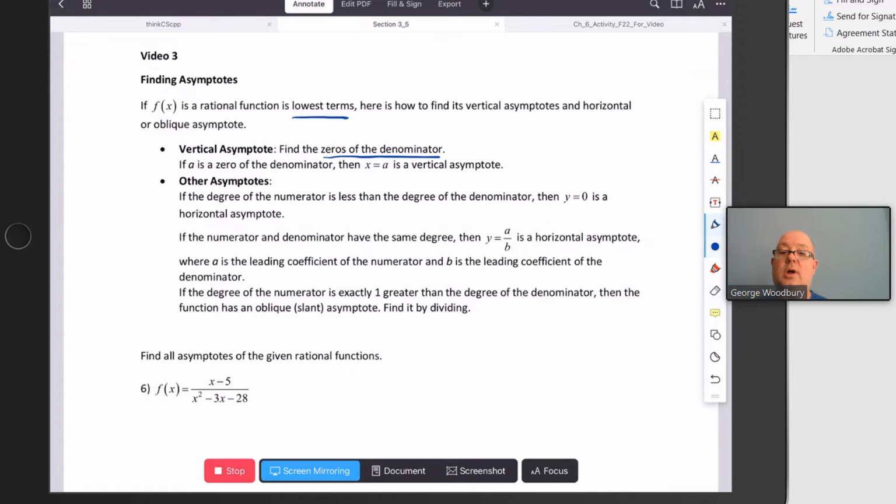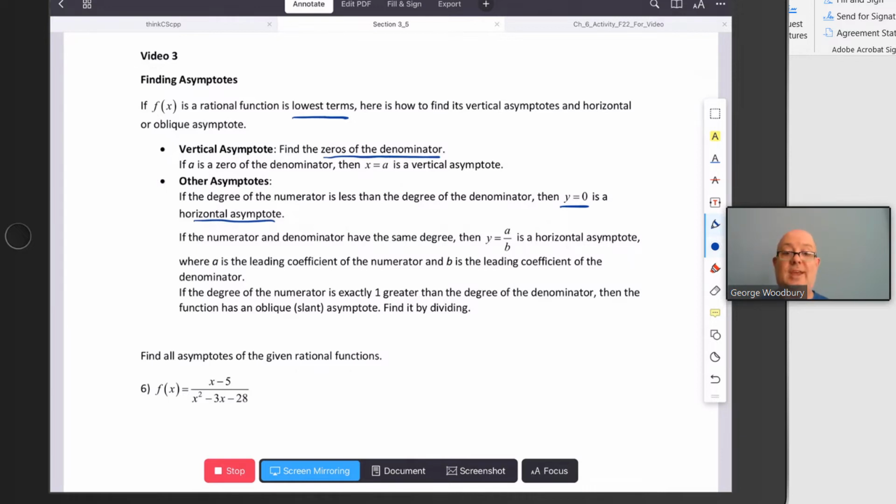Now, the graphs that we've seen so far had horizontal asymptotes, but that's not always true. If the degree of the numerator is less than the degree of the denominator, meaning that the largest exponent for x in the numerator is smaller than the one for the denominator, then y equals 0 is the horizontal asymptote.